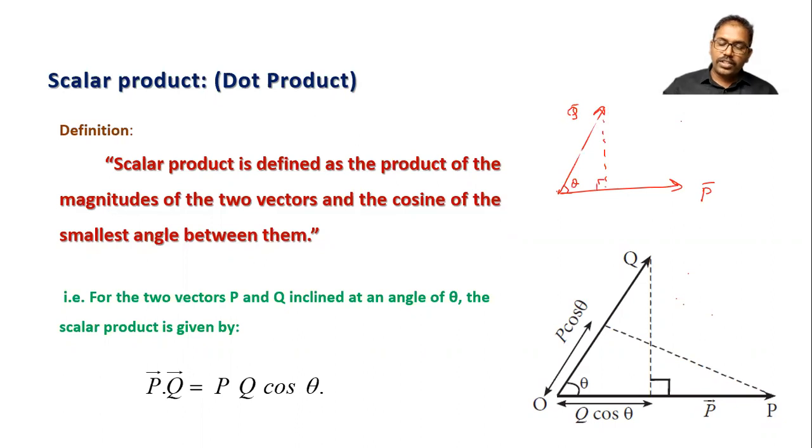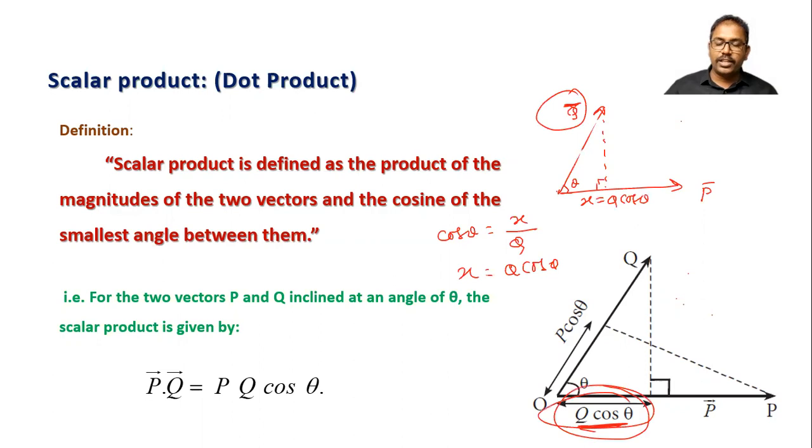So I can write cos theta is equal to the adjacent side, let me name it x, divided by the hypotenuse, which is represented by vector q, so magnitude q. So x is equal to q cos theta. This means vector q bar is in this direction and its component is in this direction.